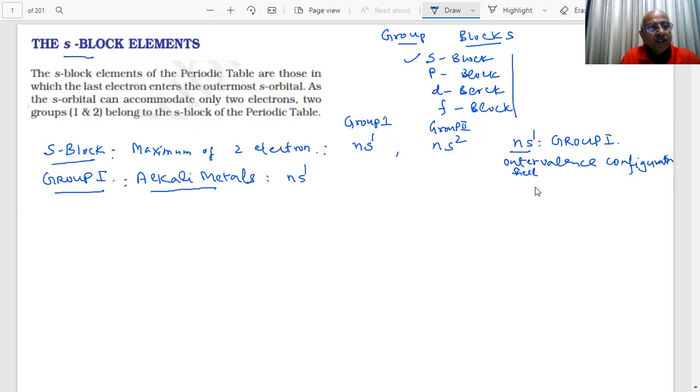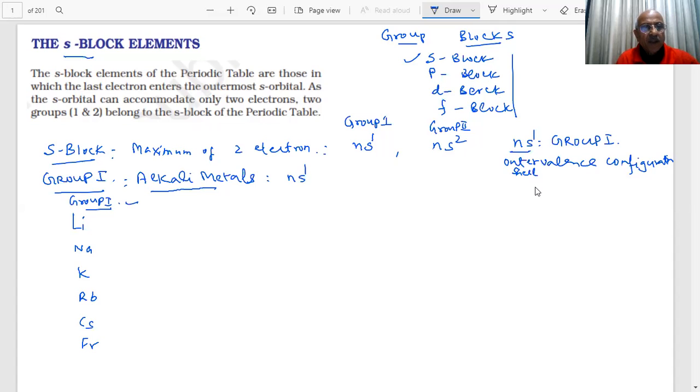The first element is then, students, lithium, sodium, potassium, rubidium, cesium, francium. Is it clear, students? These are the elements of group 1. These are called alkali metals. Clear? Or any doubt here?